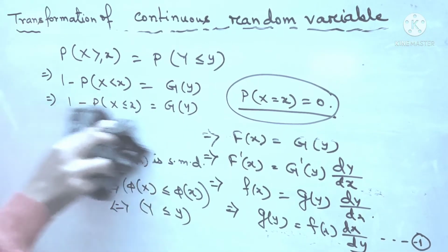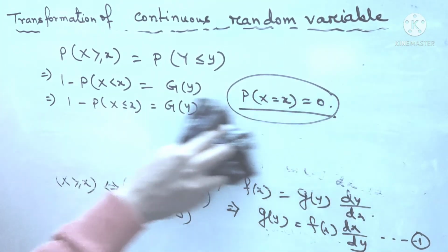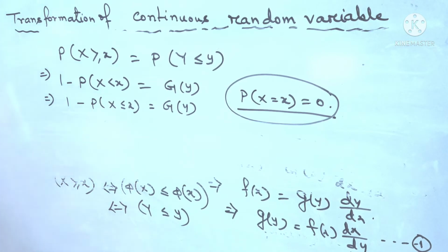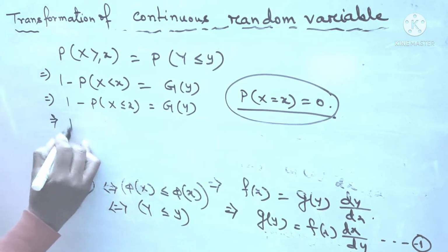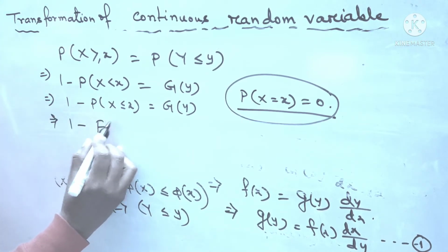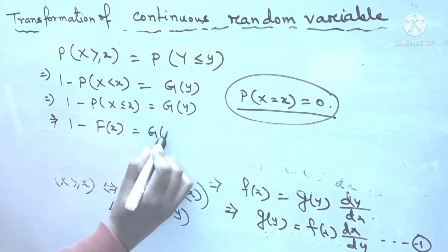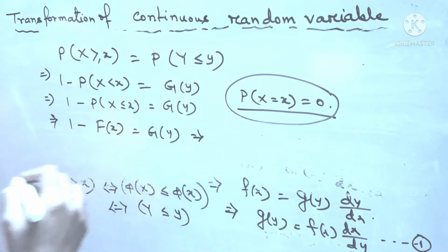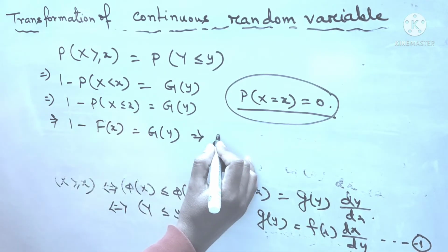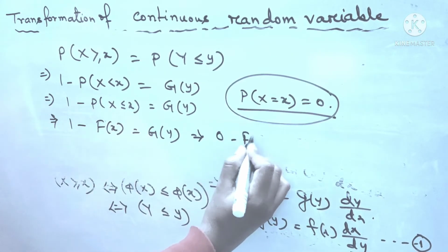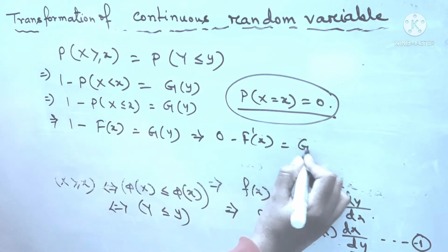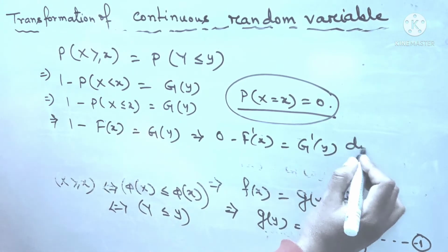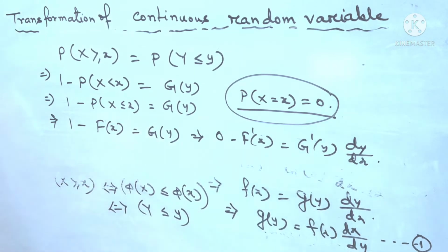Now we write one minus F of x is equal to G of y. Now we differentiate with respect to x again, which gives 0 minus f dash x is equal to g dash y into dy/dx.